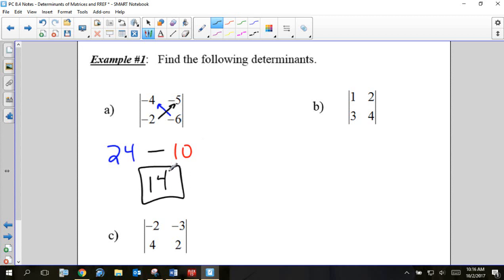The determinant is always one value. So you will have a number. It is not in those bars anymore. It's just a number. On your homework, I would expect to see 24 minus 10. I know you could probably do that in your head, but I want to see the numbers that got you 14. So you will show this step in your homework. Okay? Try the next two on your own.